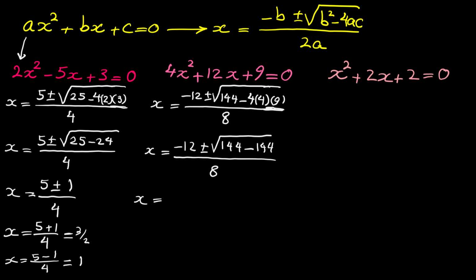So x is negative 12 plus or minus the radical of 0. The radical of 0 is 0. So x is negative 12 plus or minus 0. Negative 12 plus 0 is negative 12. Negative 12 minus 0 is again negative 12. So in this case, we have only one solution for the quadratic equation.